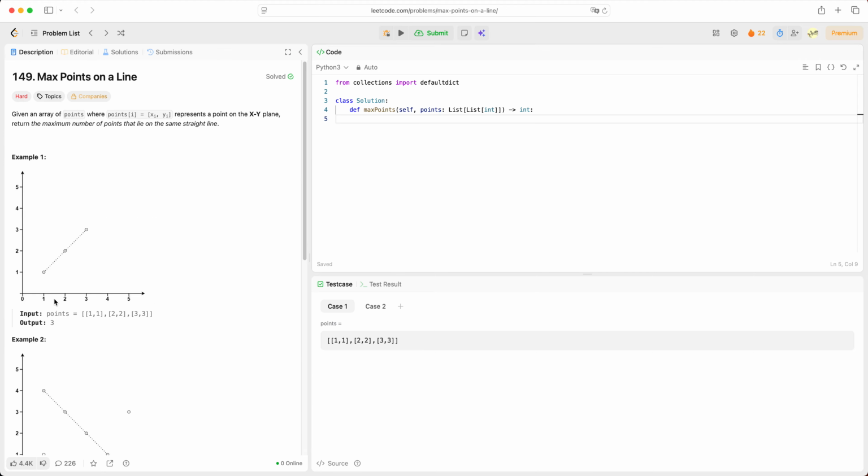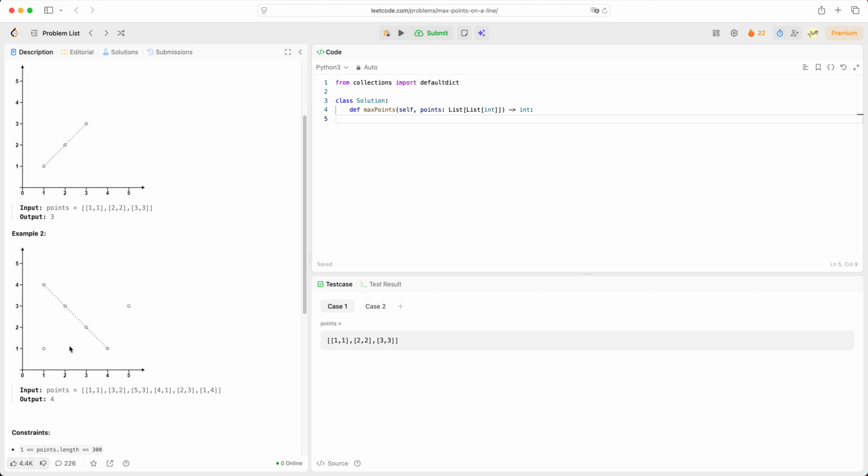So what we can do is look at the slopes between 2 points. We could have an outer loop that loops over all of the points to pick the first point, then an inner loop that loops over all of the second points that connect to the first to form a line. That would give us O of n squared runtime complexity. We calculate the slope between the first point and the second point, and then as we loop over the second points in our inner loop, we calculate all the other slopes that the first point forms with these other points.